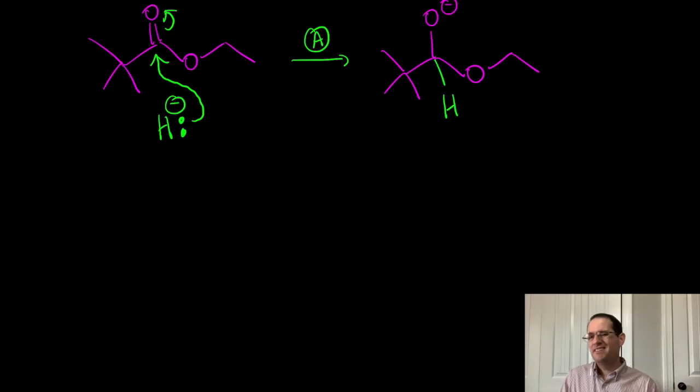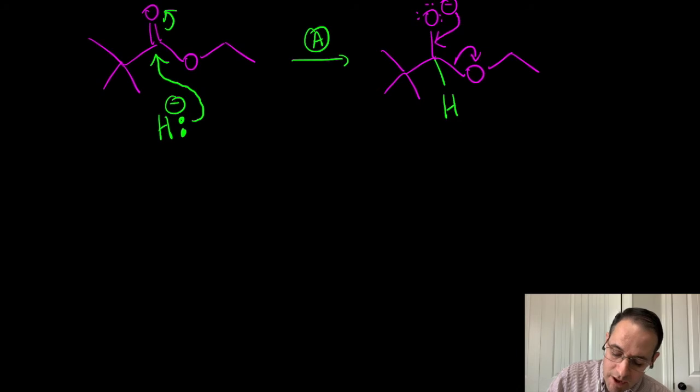Now, what happens here is that the alkoxide gets ejected from your molecule. So we're going to take these lone pairs on oxygen, this formally negative charge, and we're going to swoop in. We're going to reform a carbon-oxygen pi bond, and we're going to kick off alkoxide.